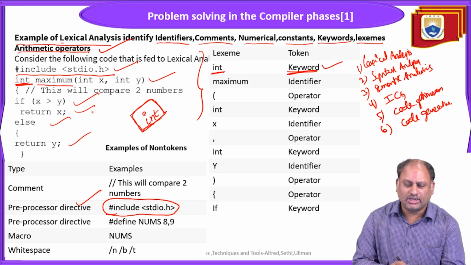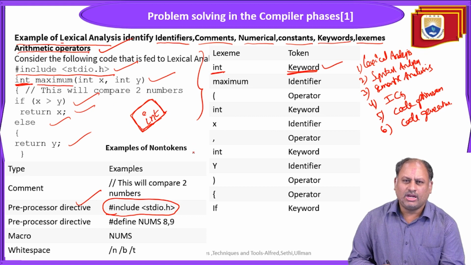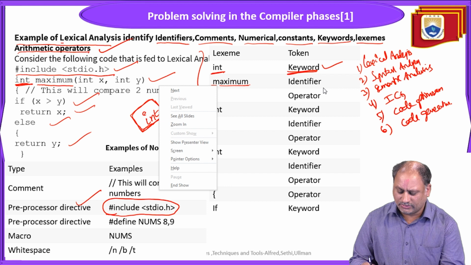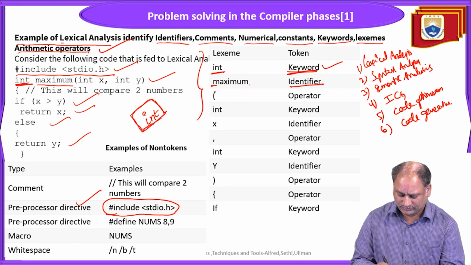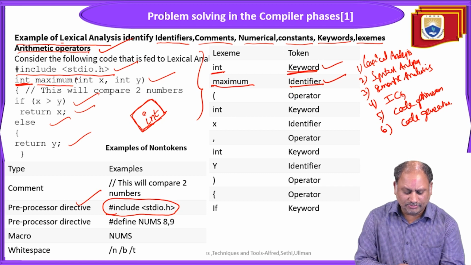Maximum also, it reads character by character and identifies that yes, max is an identifier. Int x, so here the left parenthesis is also taken as one of the operators.